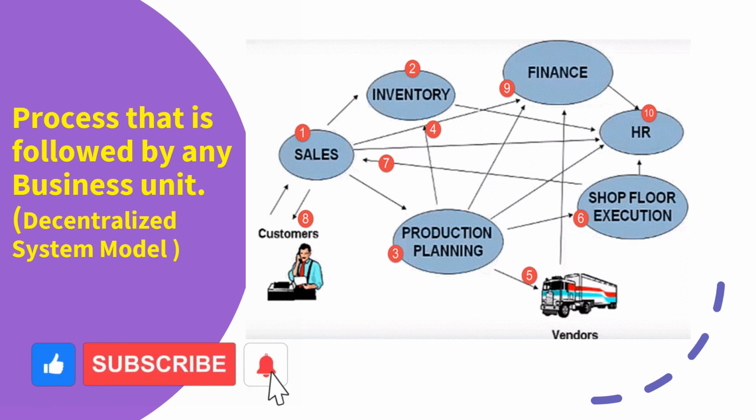Also, the production planning team updates finance with the payments made to the different vendors that they used for buying raw material. Also, all departments approach the HR team for human resource related queries. This is a typical business process for any manufacturing company. So you can see how many complications there are.